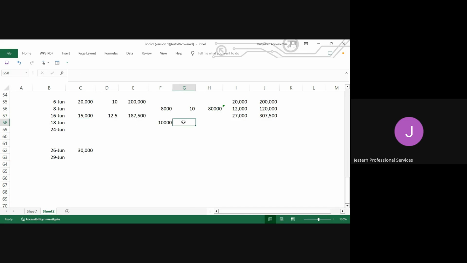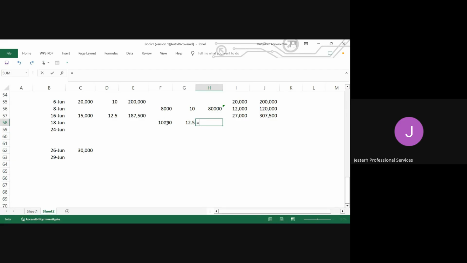So that is the reason why you need to pay attention whenever you are solving this question. And what is the unit price of the products that we brought to the store on the 16th? It is 12 naira 50 kobo. Despite the fact that we still have the old stock that we can use to cover this issue, this formula says no, we do not consider the old stock now. We need to consider the new product that we just brought into the store.